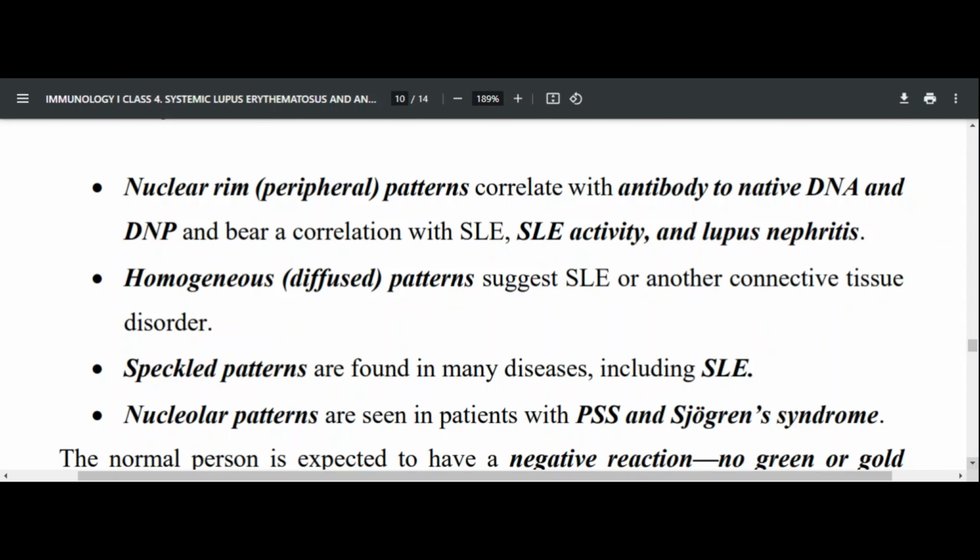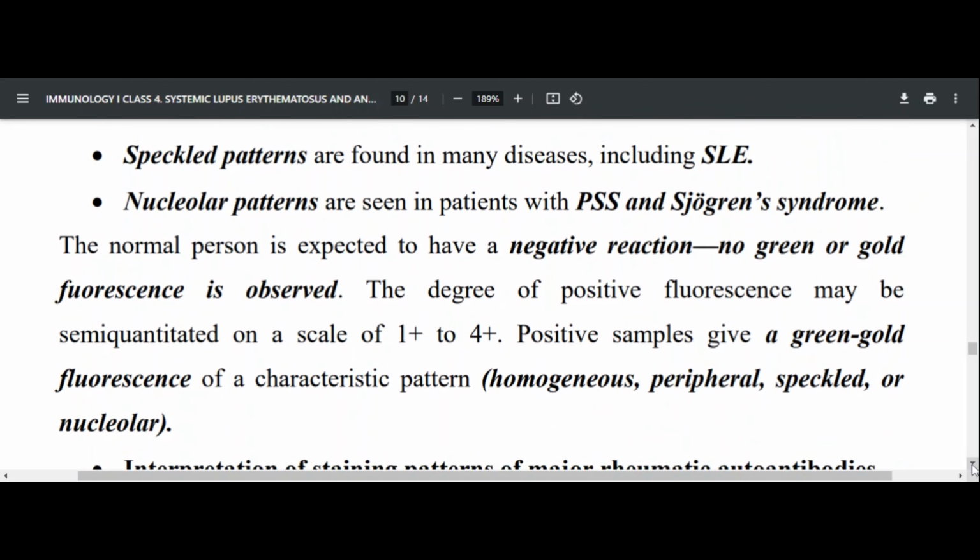So the normal person is expected to have a negative reaction. No green or gold fluorescence is observed. If the patient does not have any autoantibodies in their serum, then no green color is developed. Of course, green color always means there is fluorescence of detected autoantibodies in the serum of the patient.